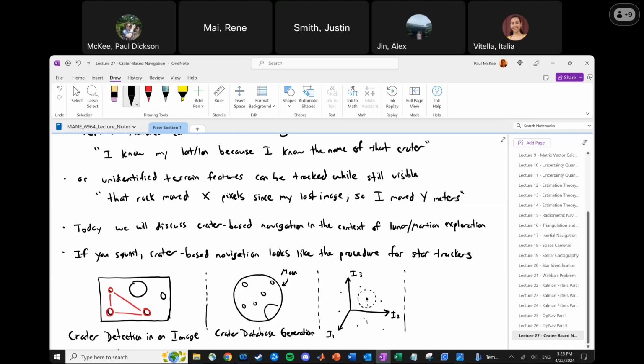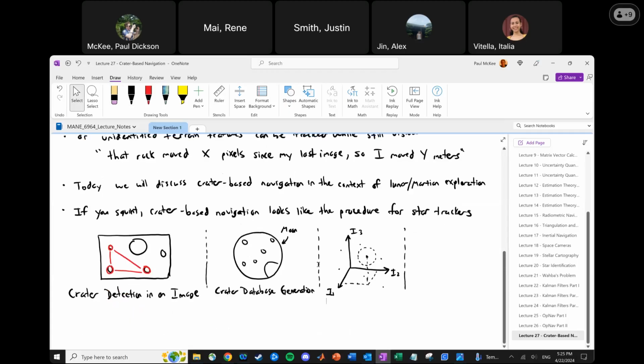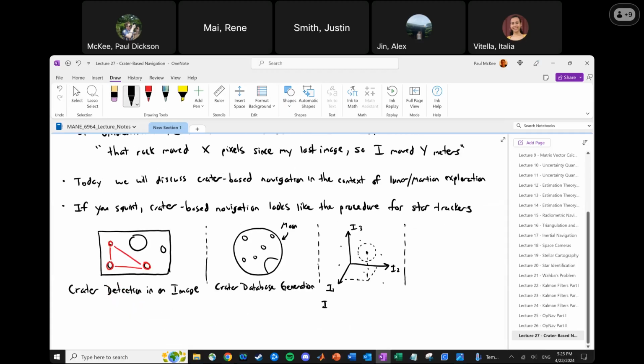And so you've got, okay, well, within this region of 3D space, we're going to return all of the craters, or groups of craters which meet that definition of our invariance. So there's going to be some invariant-based crater ID.